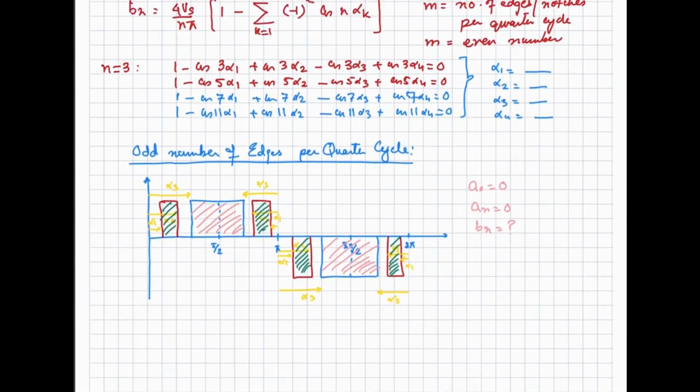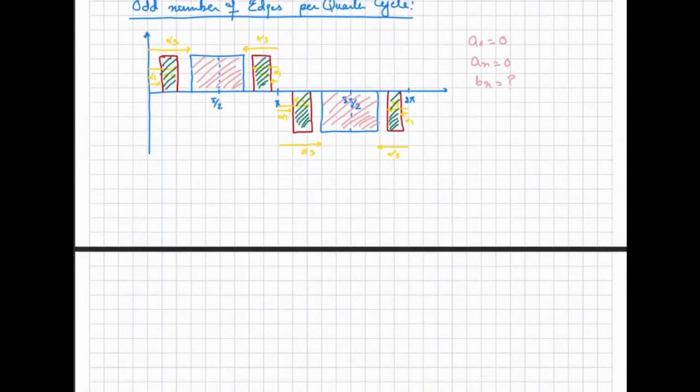Now if I write down the expression for the Bn of this waveform, I can write that Bn will be equal to 4Vs by pi, integration from alpha 1 to alpha 2 of sine of n omega t with respect to d omega t, plus integration from this point till this point, where this has the angle alpha 3 and this has the angle pi by 2.